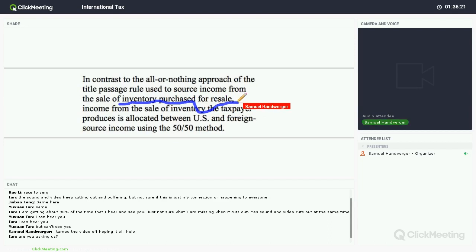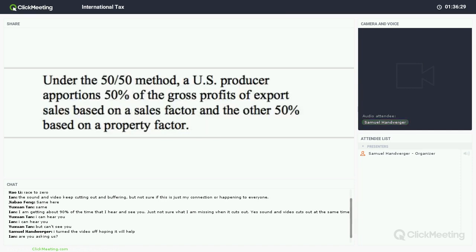That's a good line. Otherwise, for manufacturers, 50-50. Here's the 50-50 method. We learned two other methods, but we're coming back to the 50-50 method for a reason.